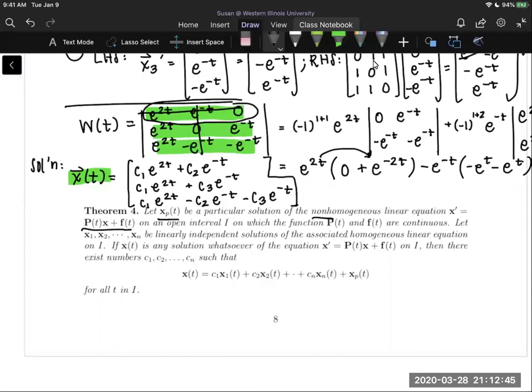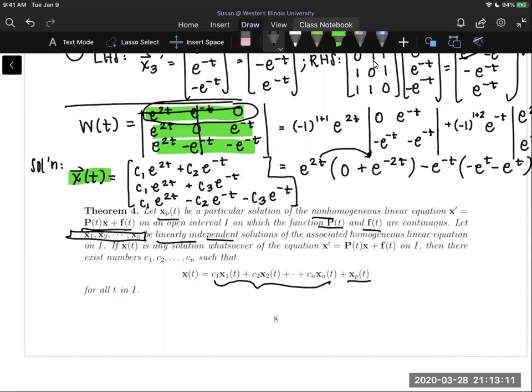We're going to assume that p of t and f of t are continuous. If you have n linearly independent solutions of the associated homogeneous system, then you take the linear combination of those linearly independent solutions and tack on your particular solution, and that's going to be your new solution.